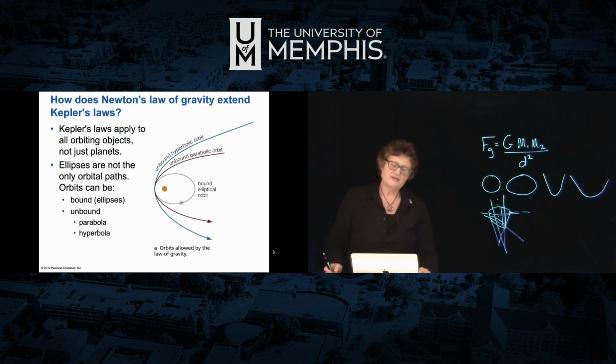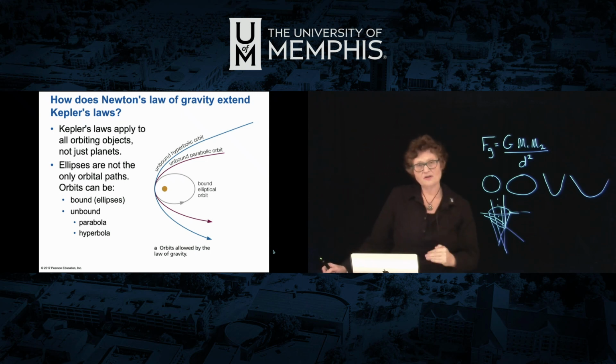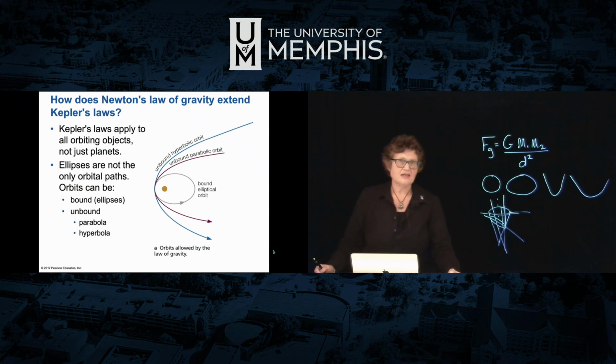So Newton had actually a friend named Sir Edmund Halley, and Halley was very interested in Newton's work with gravity. And Halley was looking at comets and when comet sightings had occurred. No one had ever before Halley said that they thought that one comet was returning again and again.